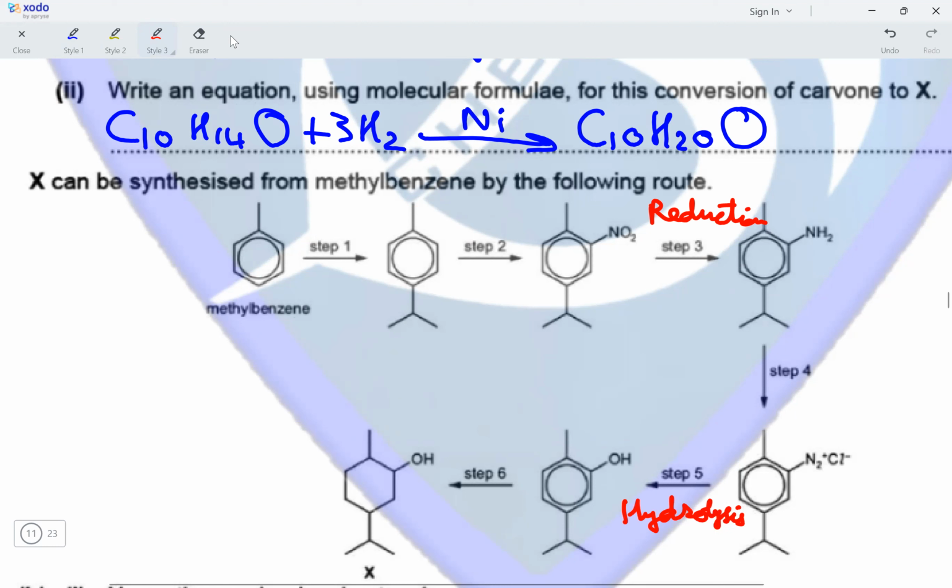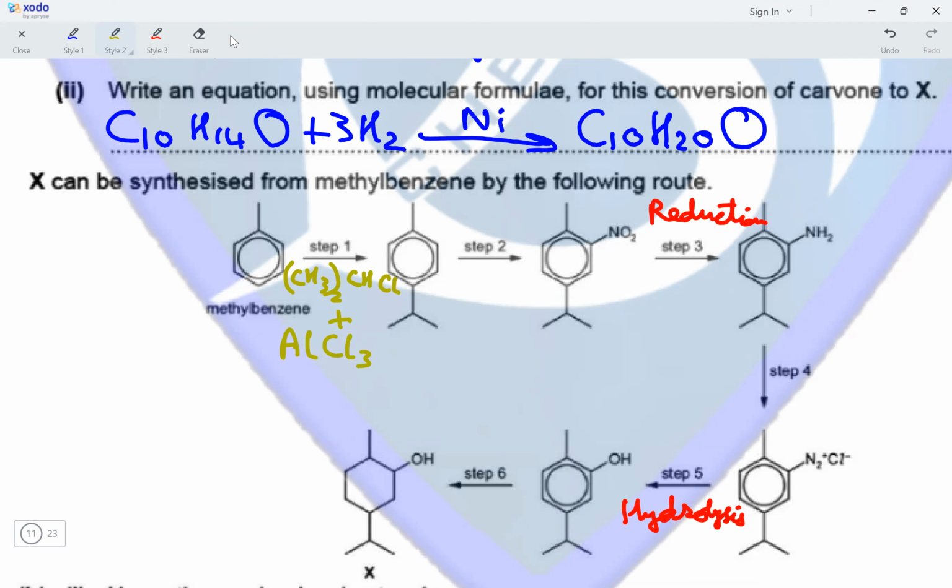The next thing that was needed are the reagents and conditions for steps 1, 2, 3, and 4. So step 1 has an electrophilic substitution reaction taking place between methylbenzene and (CH3)2CHCl. So this is the reagent that will substitute onto methylbenzene along with the catalyst AlCl3.